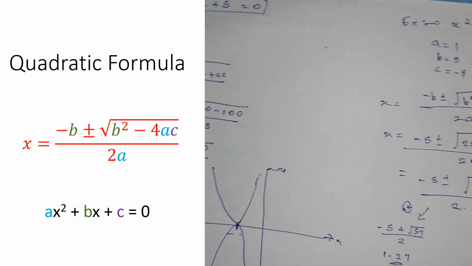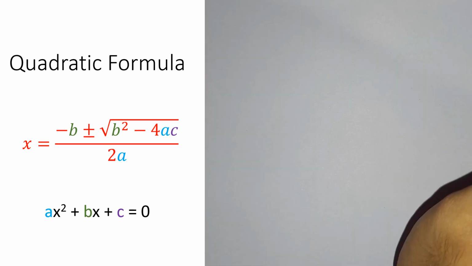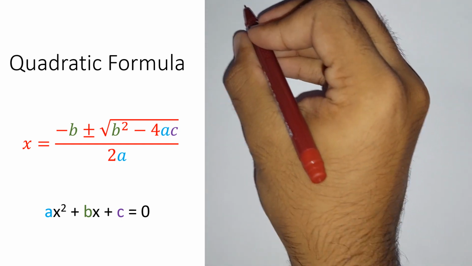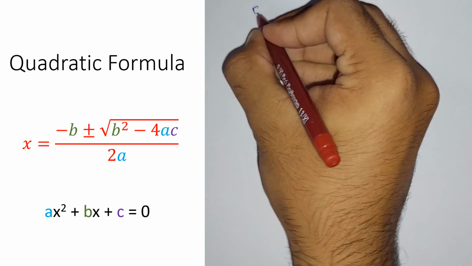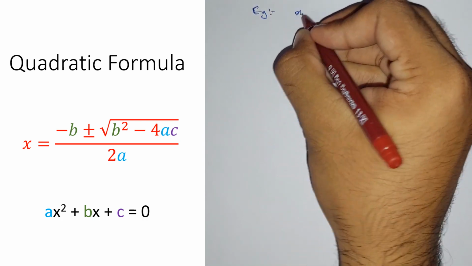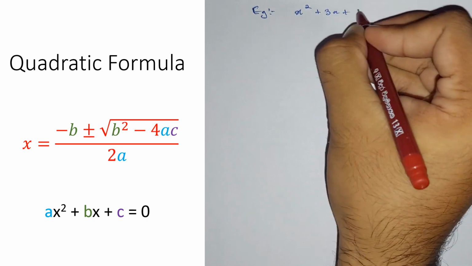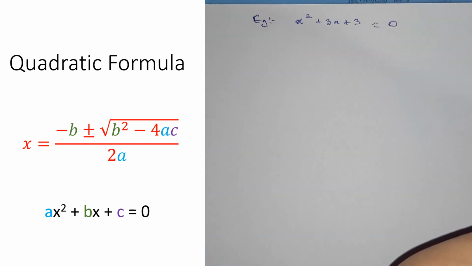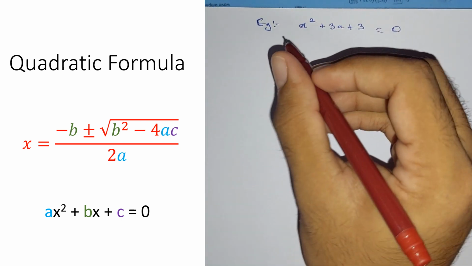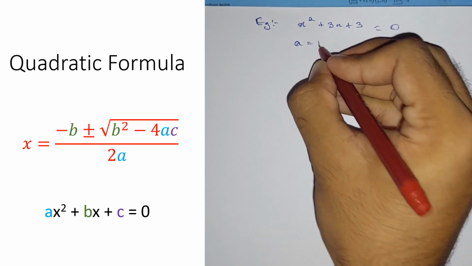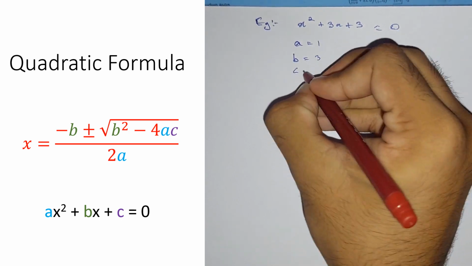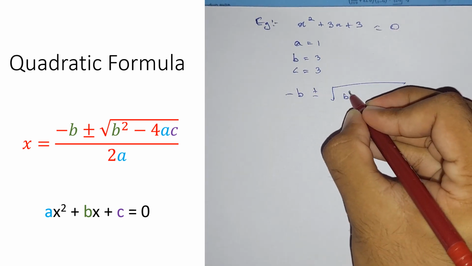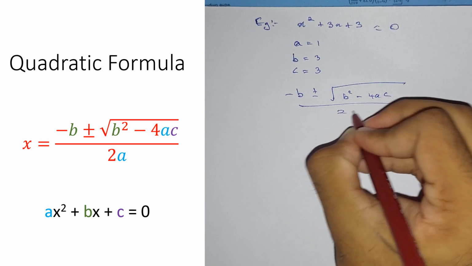So let's take another example. This will be the last example, where x squared plus 3x plus 3 is equal to 0. So a is 1, b is 3, and c is also 3. So x equals minus b plus or minus square root of b squared minus 4ac over 2a.